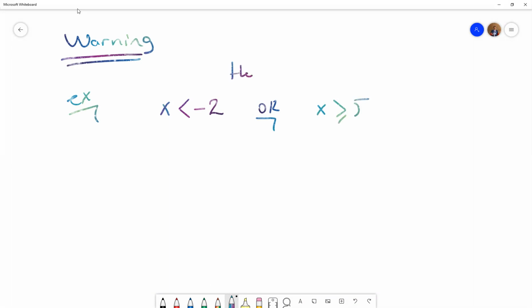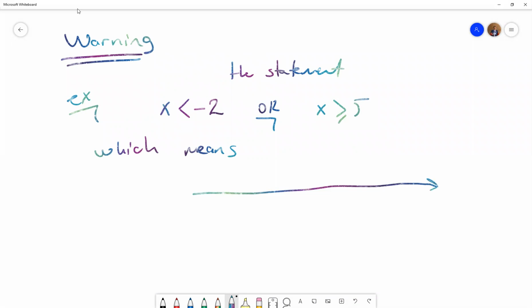This is a statement. So this means we have a real line here, and we have -2 and 5 here.